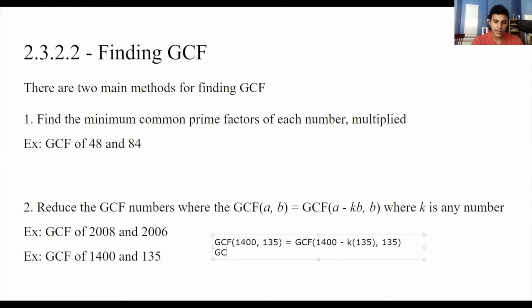The number I'm thinking of is 10. I put 10 in for K, because remember, K can be literally any natural number, and it'll still work. Then I get 1,400 minus 10 times 135 and 135.